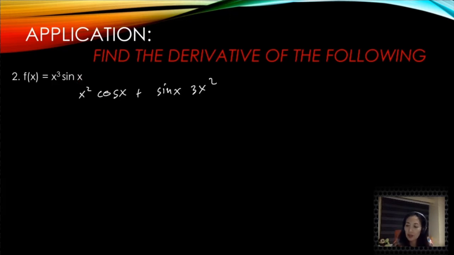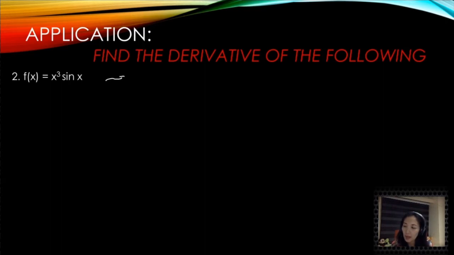The function this time is x cubed sine x. So this is a product of two functions. And what are they? x cubed and sine x. So what rule are we going to apply for number 2?